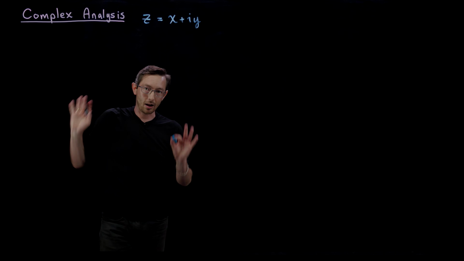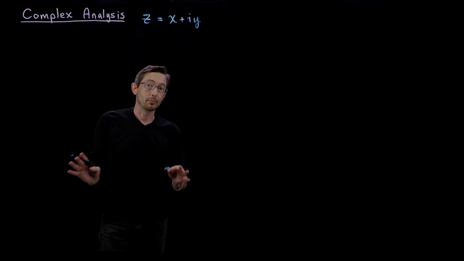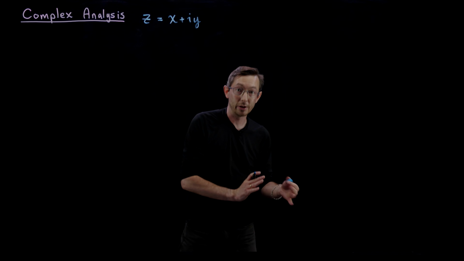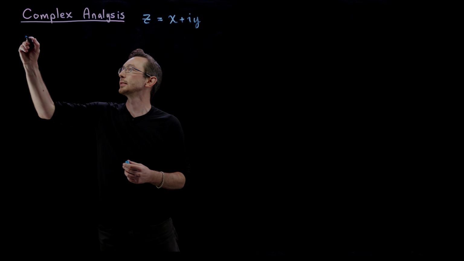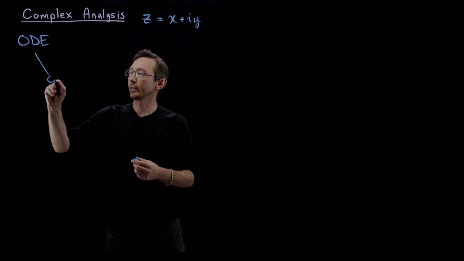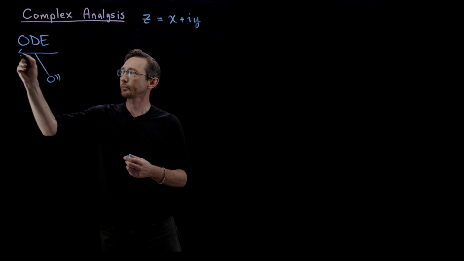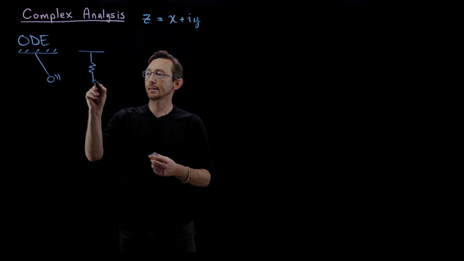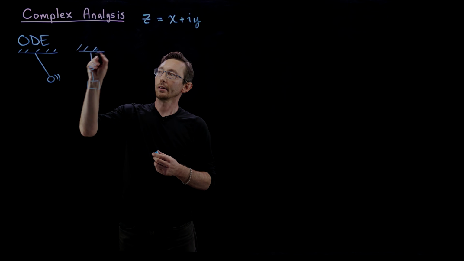Okay, so complex functions and complex variables come up all the time in differential equations, ordinary differential equations, ODEs, like when we deal with pendula swinging, or if we have a mass on a spring that is oscillating.